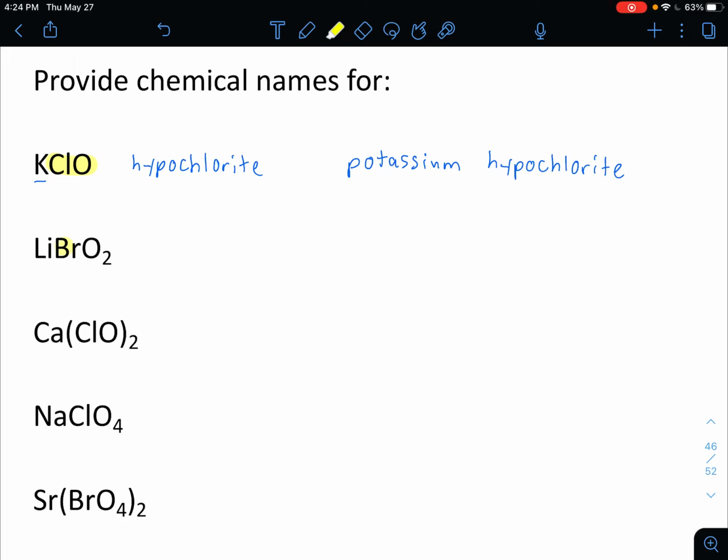The next one, we've got BrO2, so 3 oxygens is the parent, ATE, so 2 oxygens is 1 down from the parent, so rather than bromate, it's just bromite. So that's going to be lithium bromite.